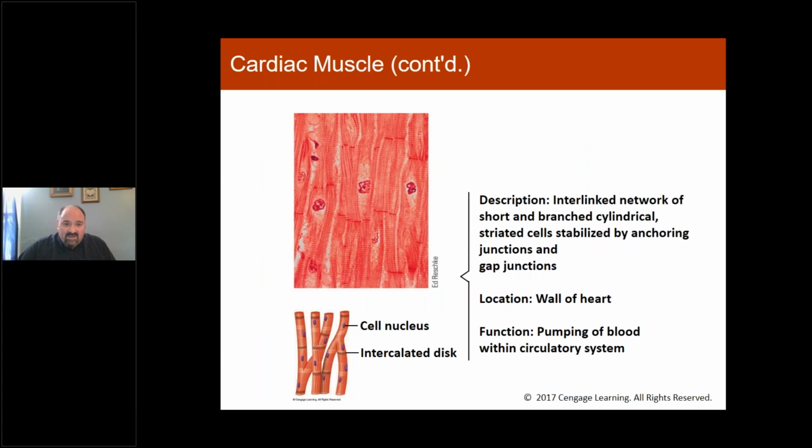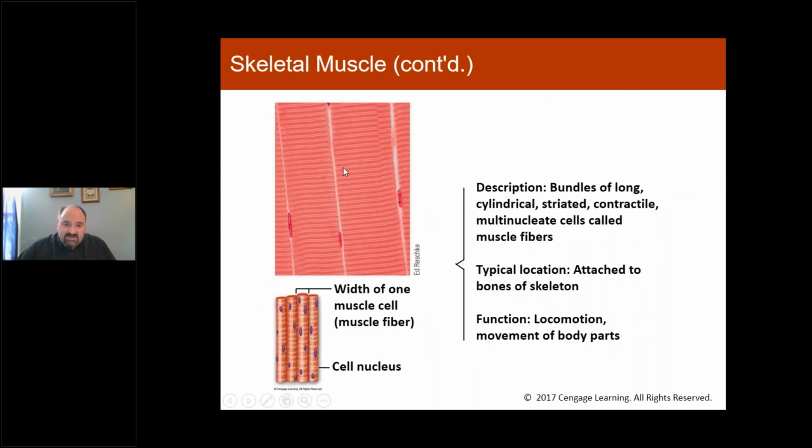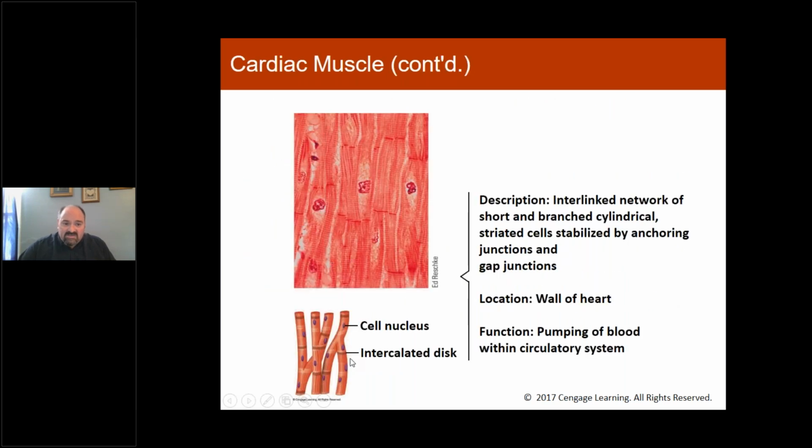So you see here that it's very similar to skeletal muscle. See these striations? That's present in skeletal muscle. See how there's branching that takes place? This is cardiac muscle. It's also striated, but then you see these dark lines.